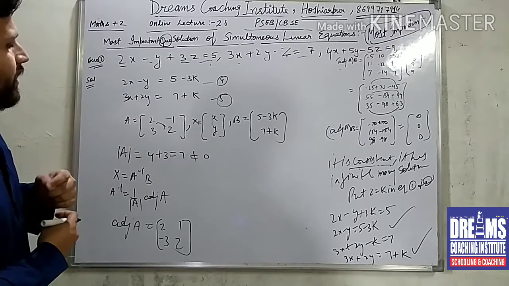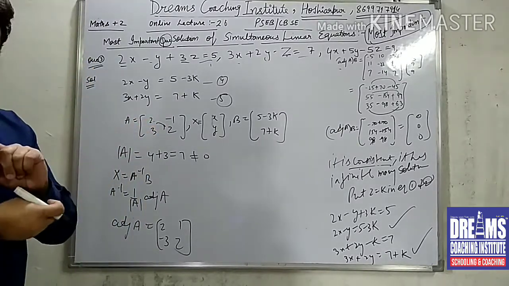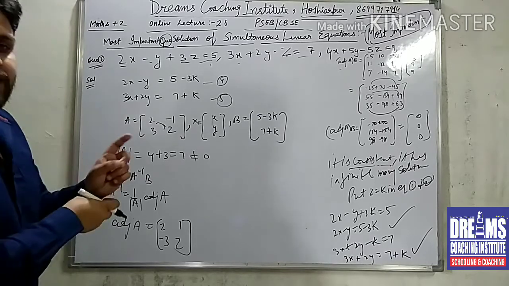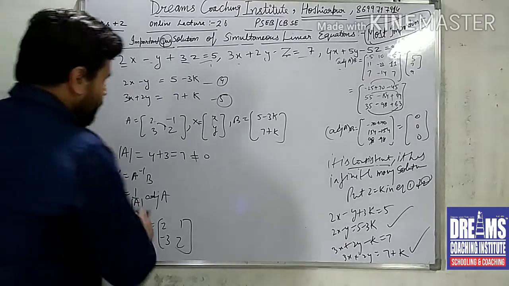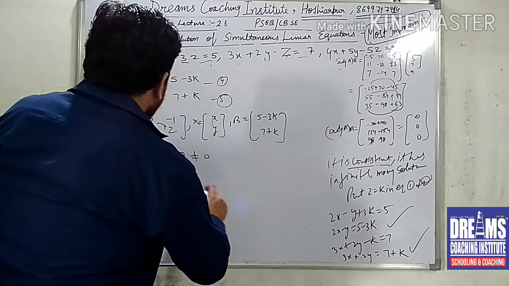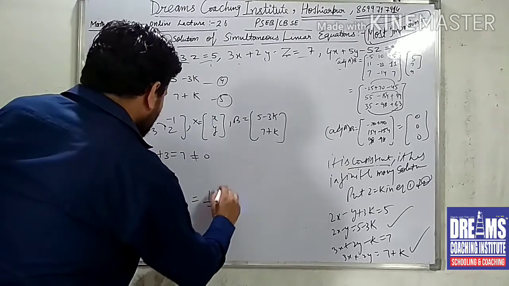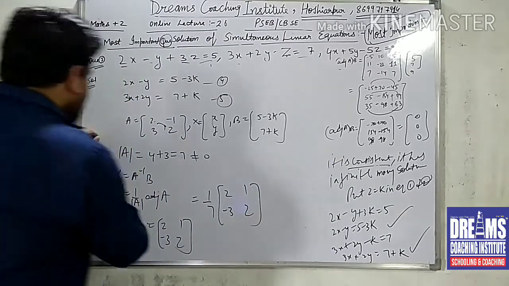By changing the off-diagonal elements, आप साइन चेंज कर दीजिए बेटा और इंटरचेंज कर दीजिए पोजीशन को. इनको जस्ट आप पोजीशन इंटरचेंज करो, you will get the adjoint of A. So here A inverse is 1 over determinant, which is 1 by 7, and adjoint is 2 minus 3, 1 2.